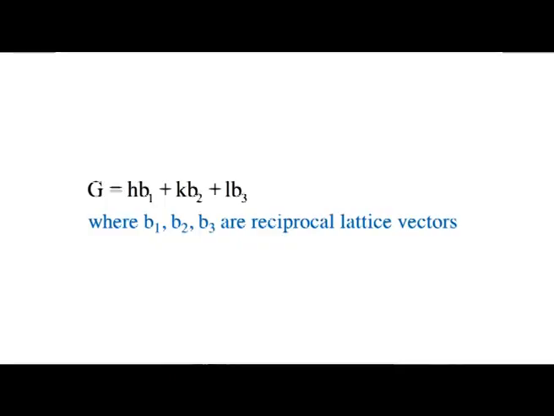A family of planes is associated with a shortest reciprocal lattice vector, which I call G. It is defined as G equals H B1 plus K B2 plus L B3, where B1, B2, B3 are the reciprocal lattice vectors.